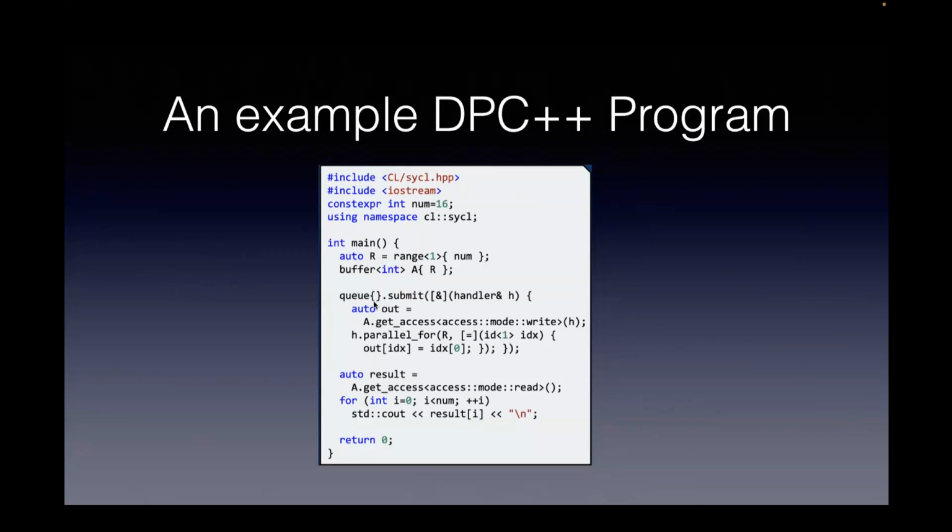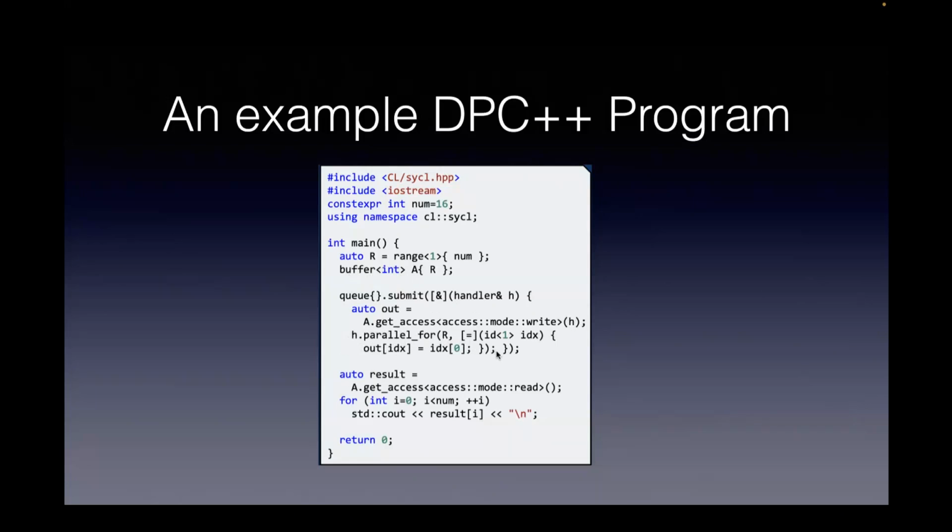So in this example, you take a queue, and to the queue you submit what you call a handler. And inside the handler, you call the get access function for this A. You do an A.get access, which gives you what's called an accessor to be able to control or manipulate this buffer. And then you have this key piece, which is h.parallel for, which is basically a lambda that lets you actually run the kernel code.